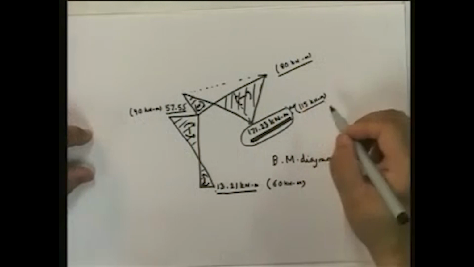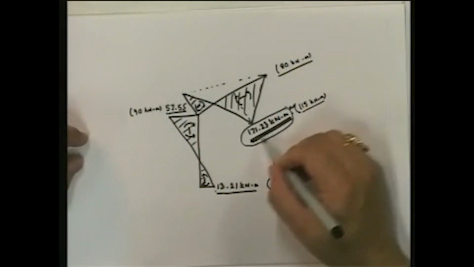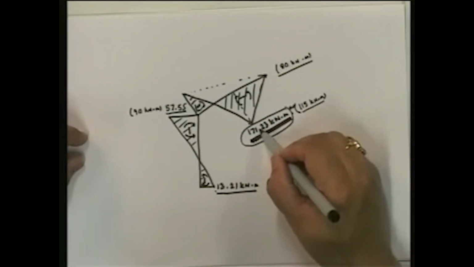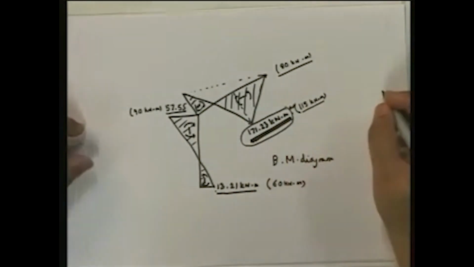This particular one is more than 1.5 times, and this member BC has to be designed for this. So you see what's happened here: making the structure more flexible does indeed increase the displacements and reduce the member end moments.